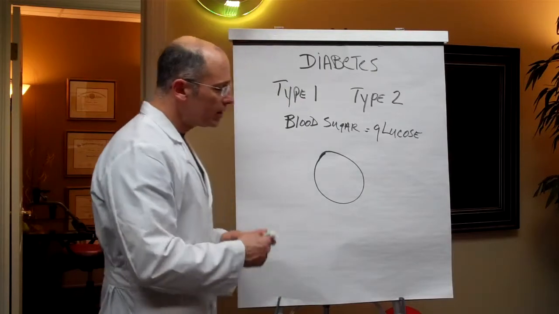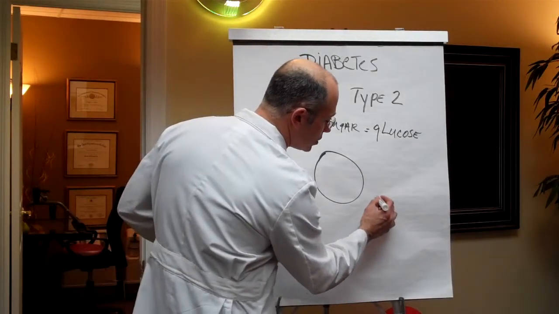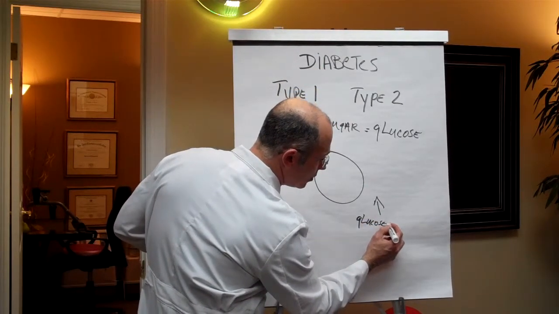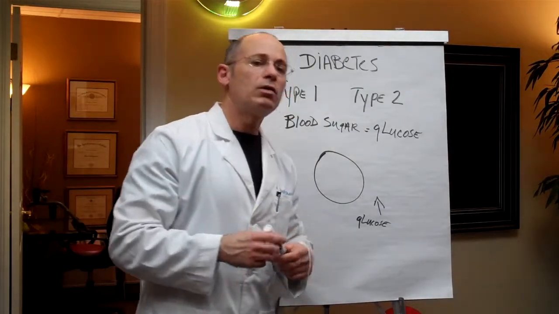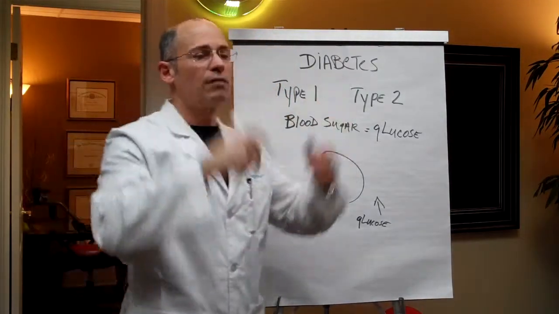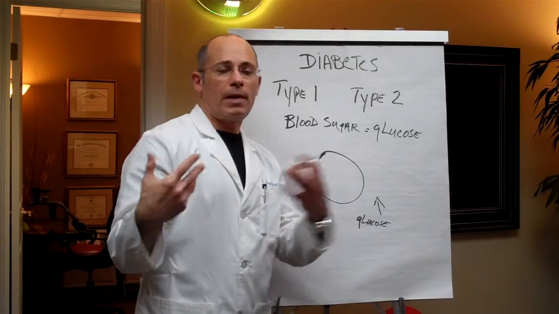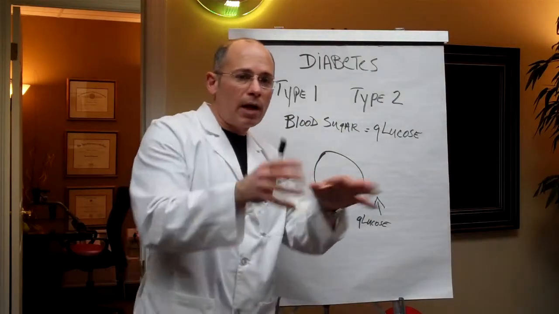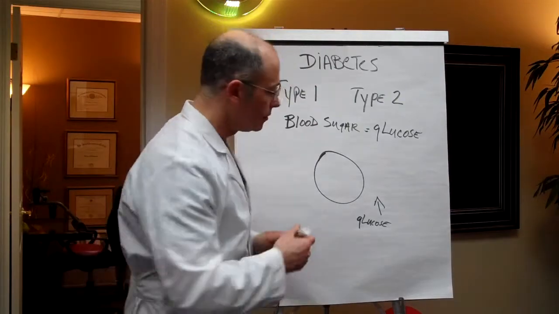Okay? So what has to happen is that when we eat our foods, glucose goes up. As soon as the glucose goes up, when the blood sugar level rises, our pancreas secretes, from what we call the islet cells in the pancreas, a hormone, and that hormone is known as insulin.